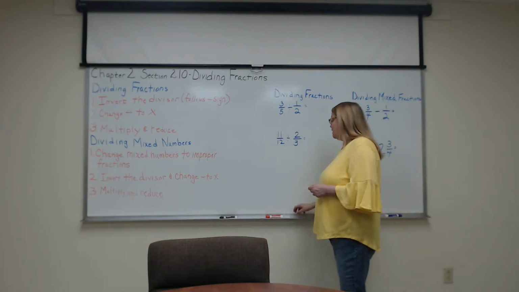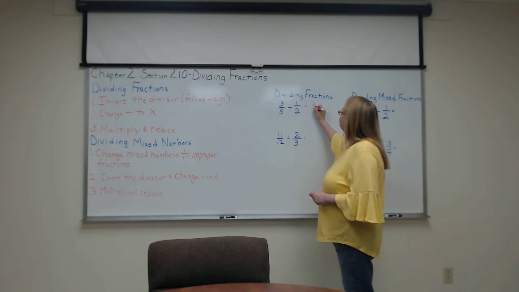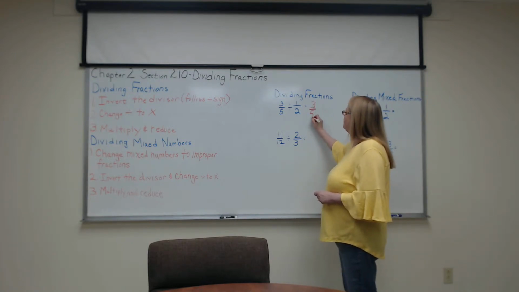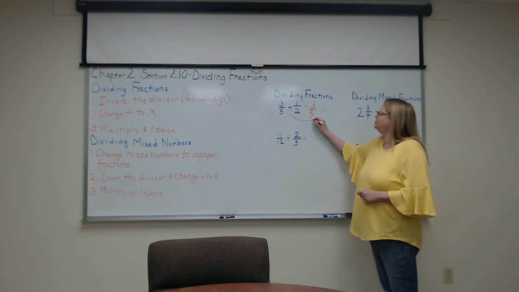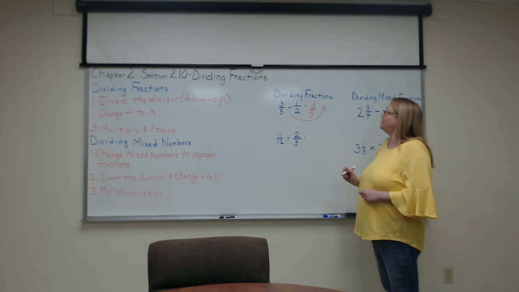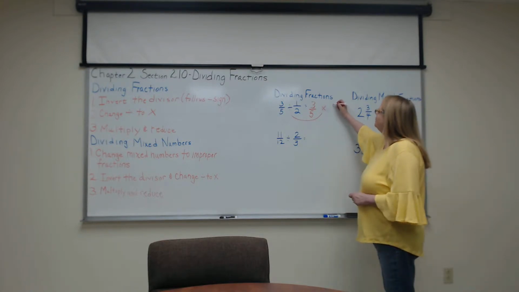So what you see here is you have your 3/5, that remains the same. Then we're going to change that division sign to multiplication. Then we're going to use the reciprocal or invert the second fraction, which is also the divisor in this problem, and it's going to become 2/1.